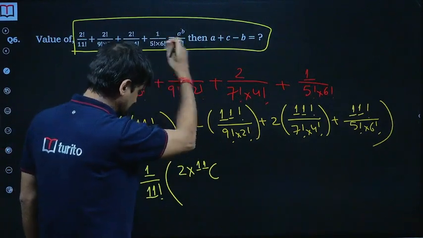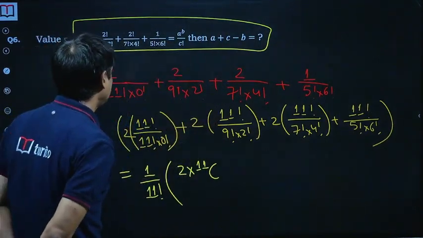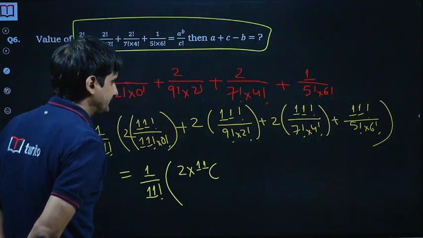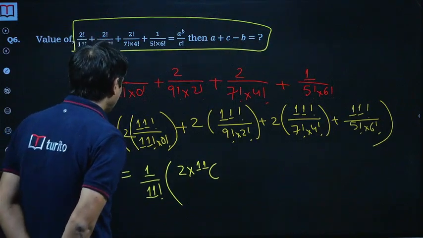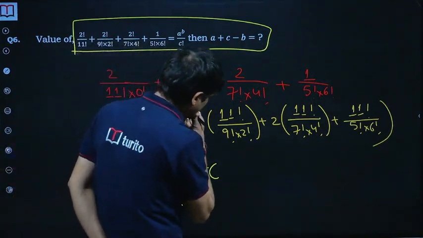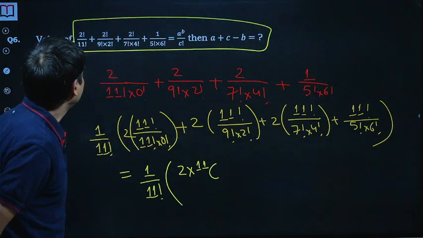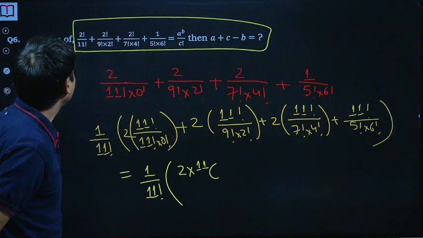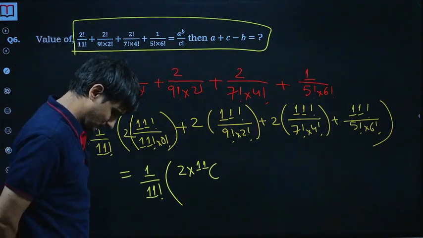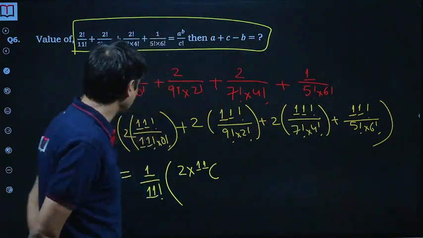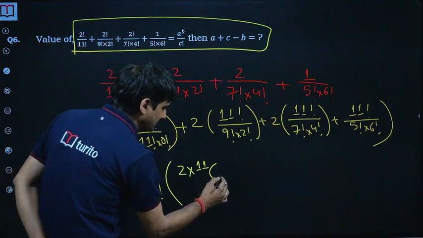So 11C0. Chaliye, I think I missed something. Okay, so 9 into 2, 7, 4, 5, 6, 9, 2. So it should be, I just framed that question. Let me do it. See, what we will write here is 11C naught.